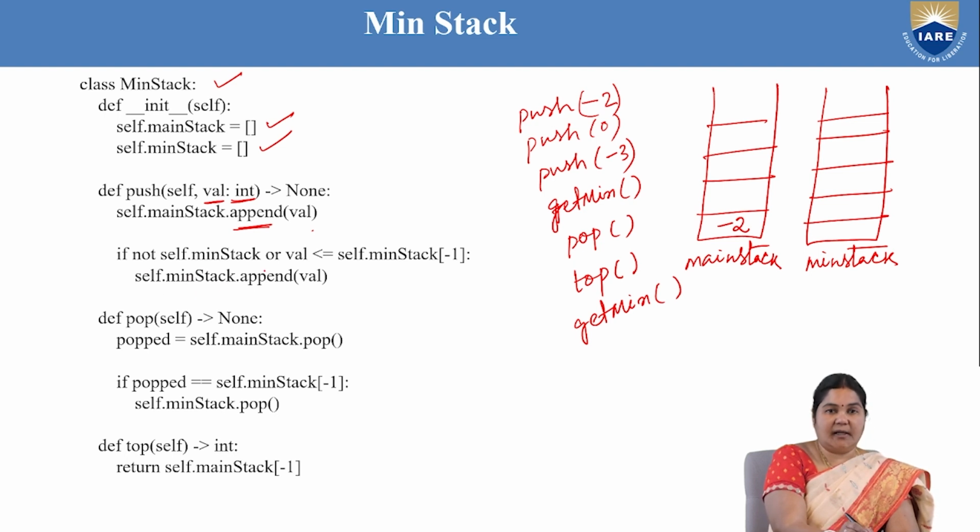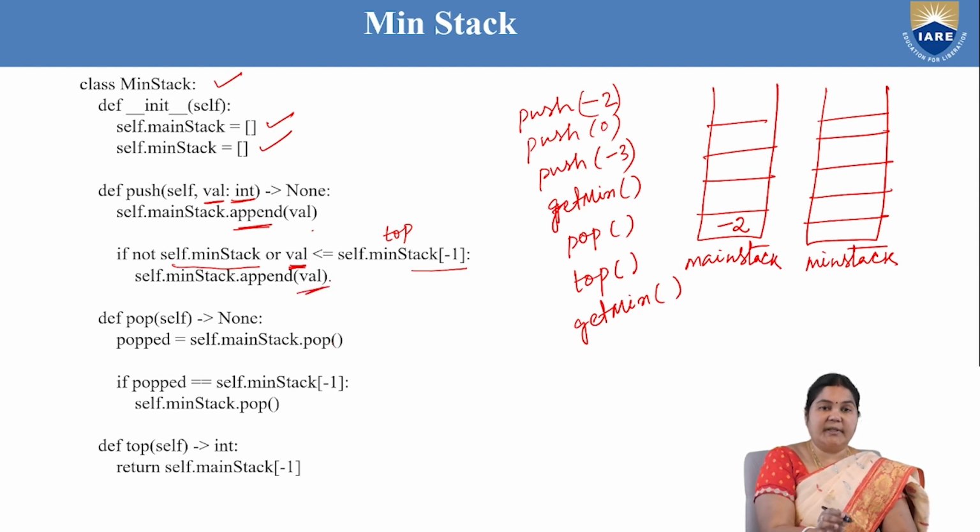So as this is the first push operation I have done, what I'm checking is: if not self dot min stack, means if min stack is not having any elements, or the value which you have pushed is less than the top of the min stack. This is called the top element in the min stack. If it is less, then the value you have to append to the min stack also.